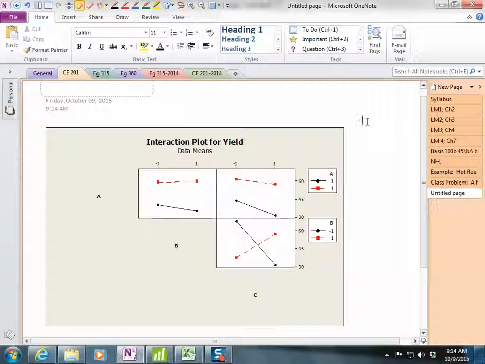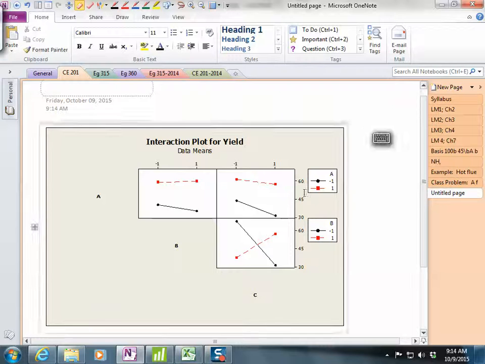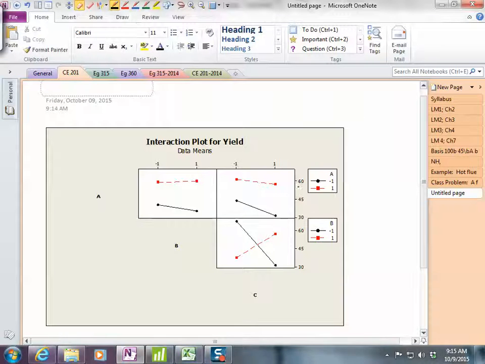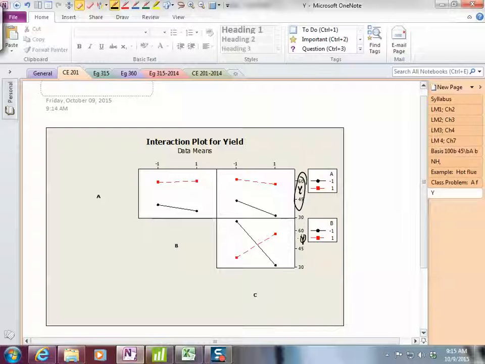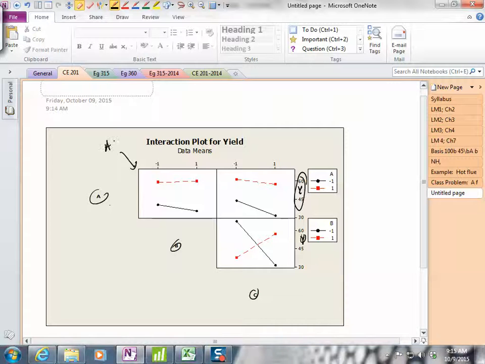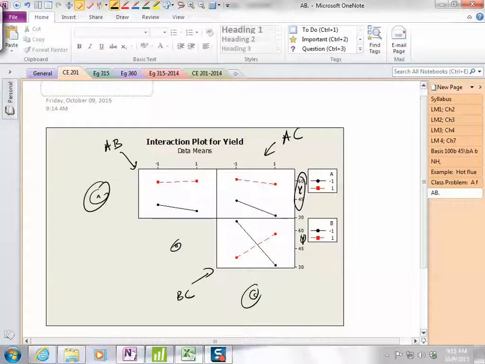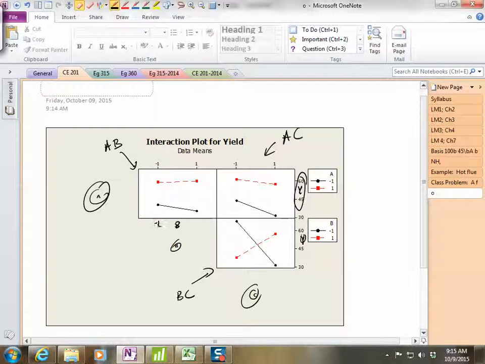So how Minitab tries to do this efficiently is, this is your y value, your response. And then it gives you labels that say this plot is the A-B interaction, this plot is the A-C interaction, and this plot is the B-C interaction. Does everyone see how those line up with the A, B, C here? Then the x-axis here would be B minus 1, plus 1, so that's where that comes from.